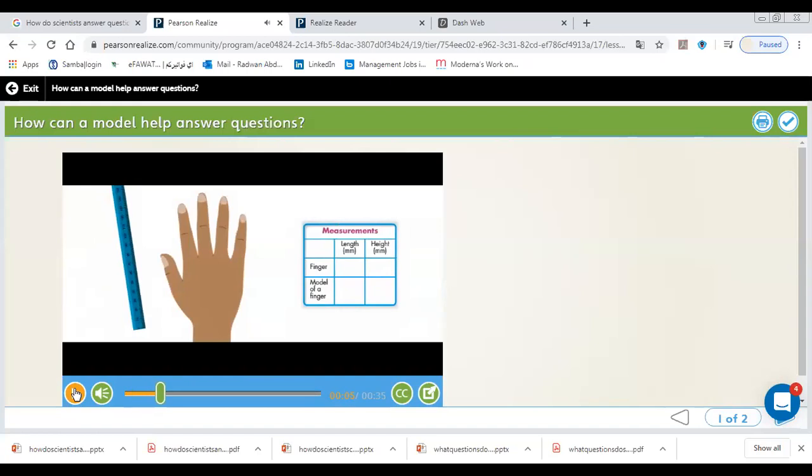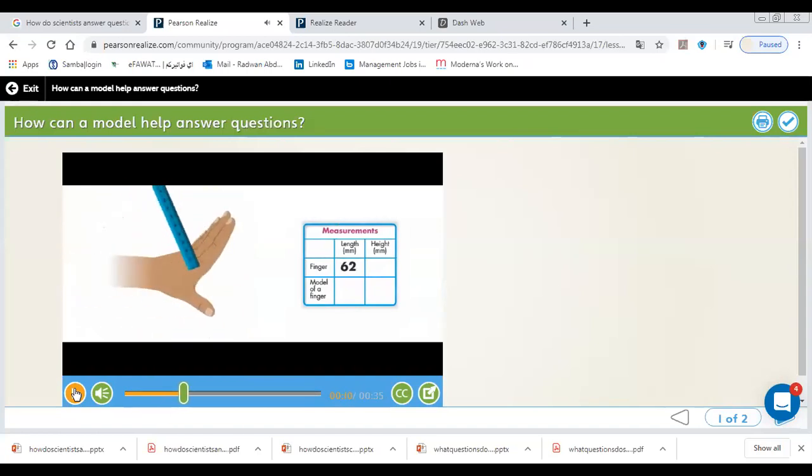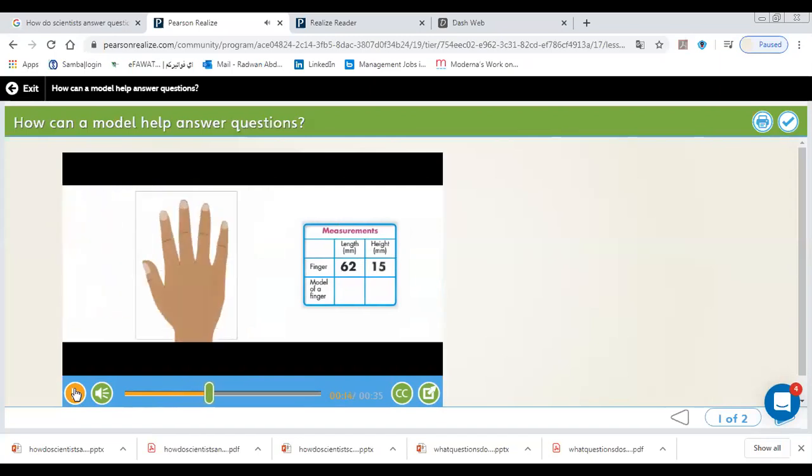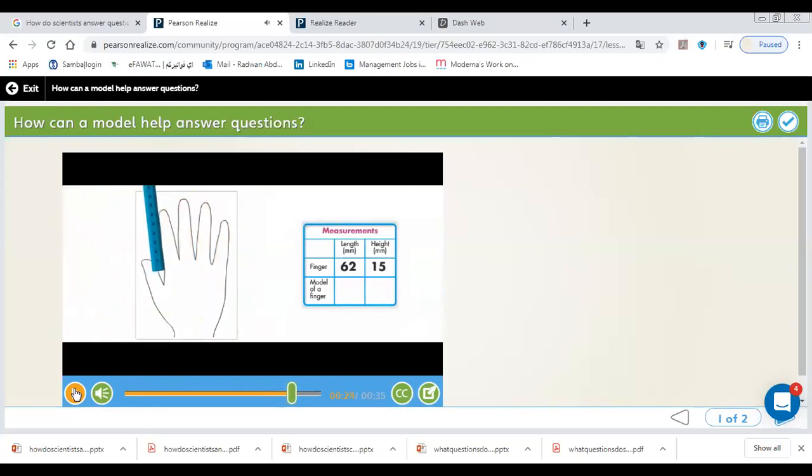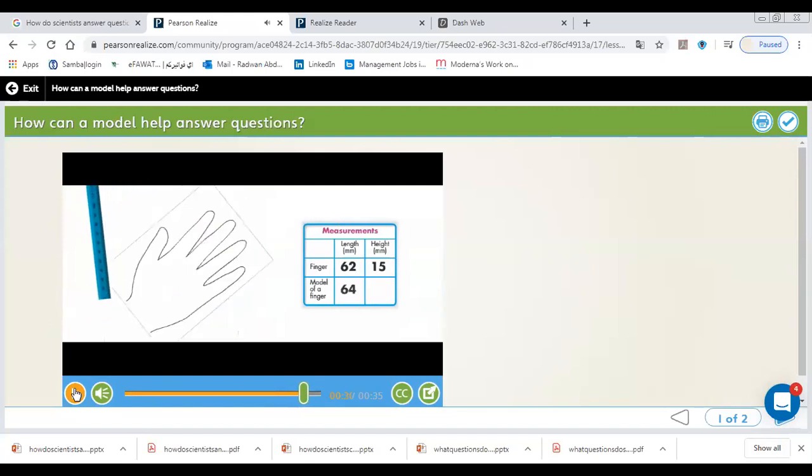Observe. The length of this finger is 62 millimeters. The height is 15 millimeters. Let's measure our model. The length of the finger on our model is 64 millimeters.